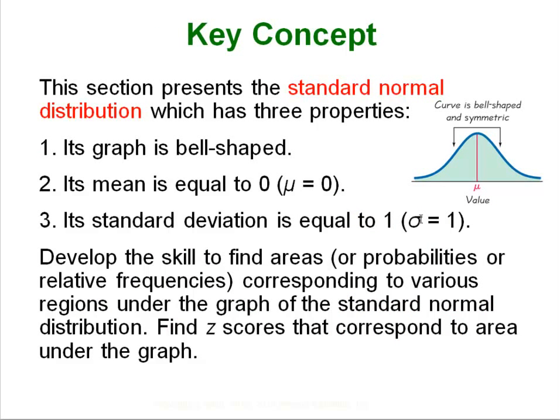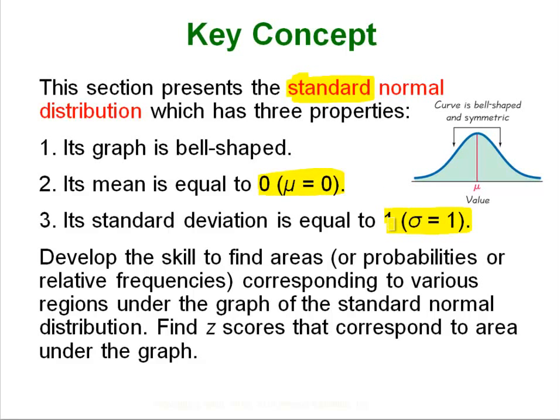Some of the key concepts of the normal curve is that it's bell-shaped, duh. Its mean is equal to 0, and the standard deviation is equal to 1. Now that's only if we're talking about the standard normal distribution, right? It has to be standardized. If it's standardized, then you have these properties.